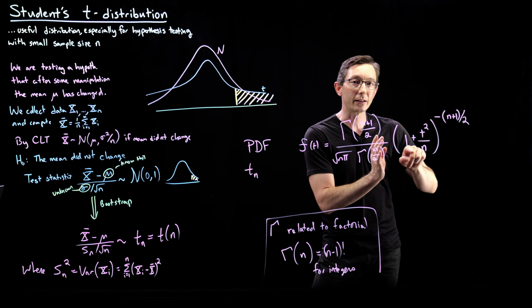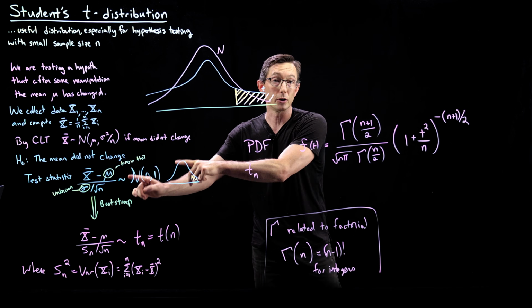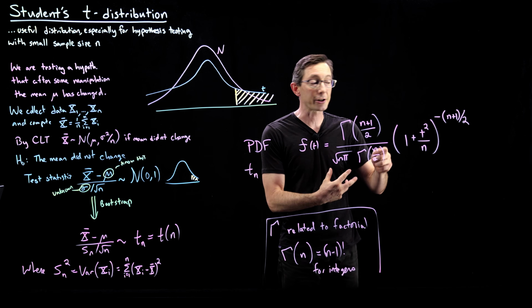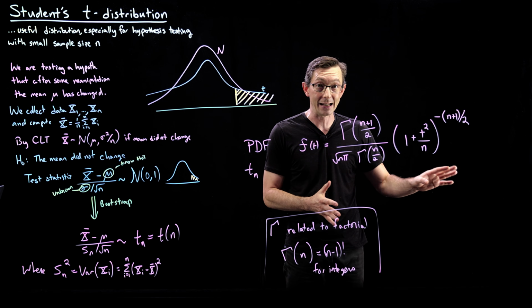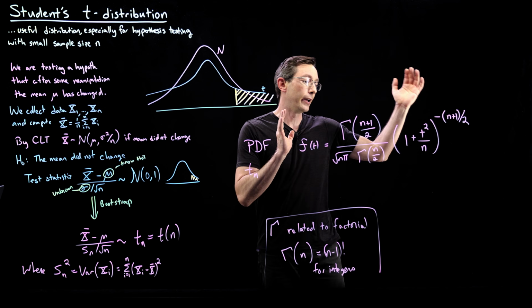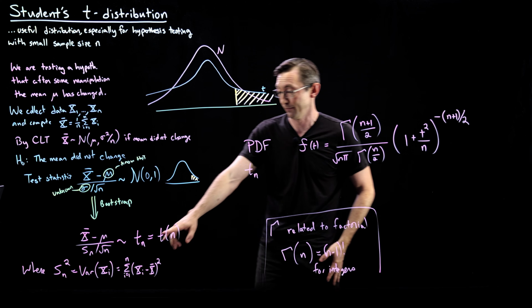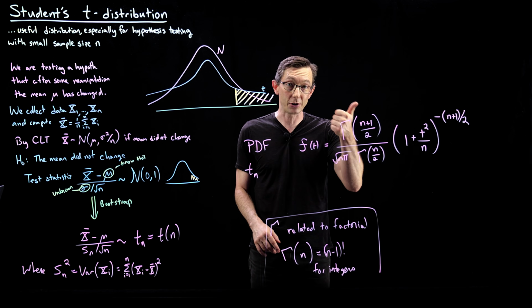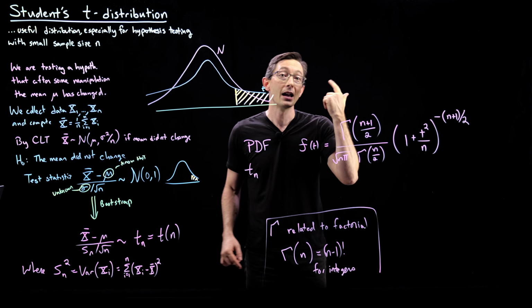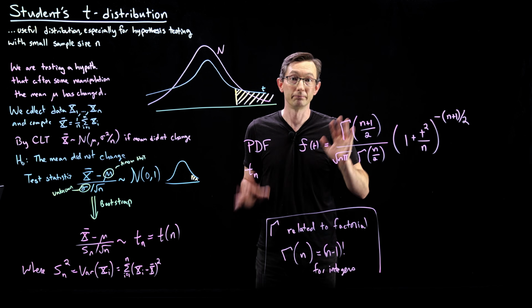This is already looking like as n goes to infinity, this is going to converge to the normal distribution. You could actually write this down and prove that. That would be a nice, easy thing you could do. But this is the distribution you have to use for hypothesis testing when you have a bootstrapped variance for your test statistic and you have a small n. Okay, thank you.